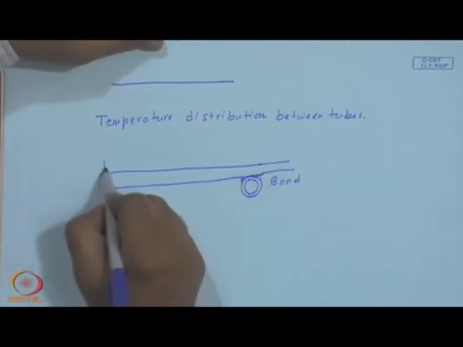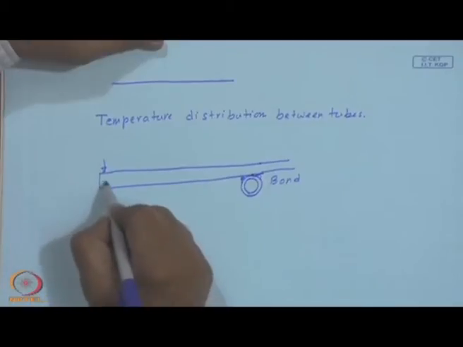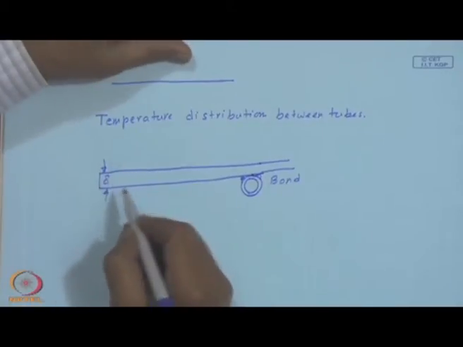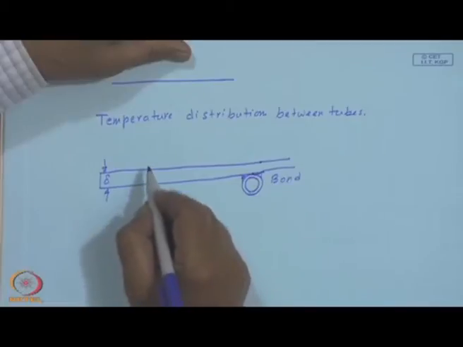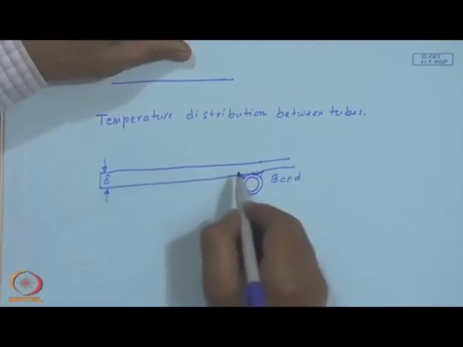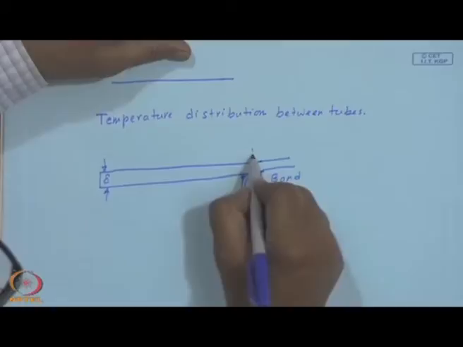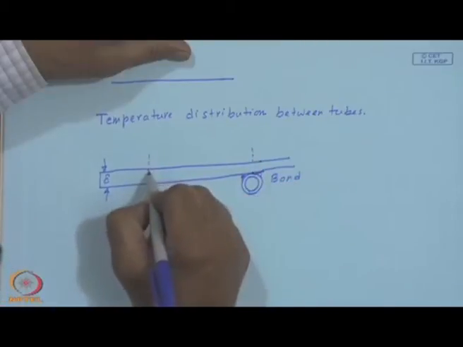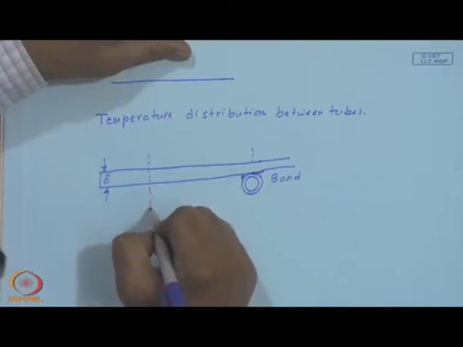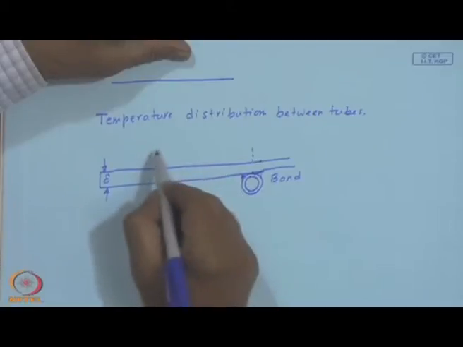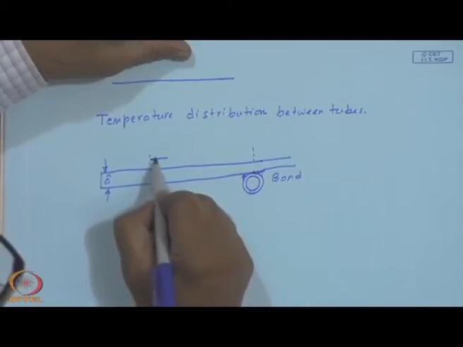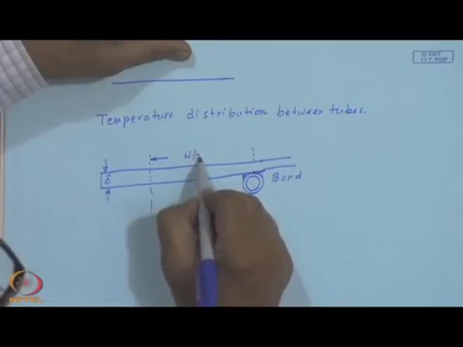Let this thickness be delta, and if we go from the center of the tube to the center of the sheet, half of it, that will be W by 2.